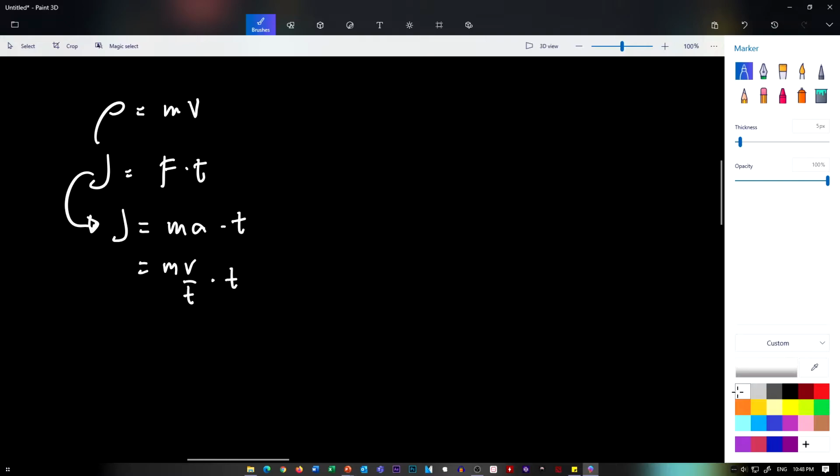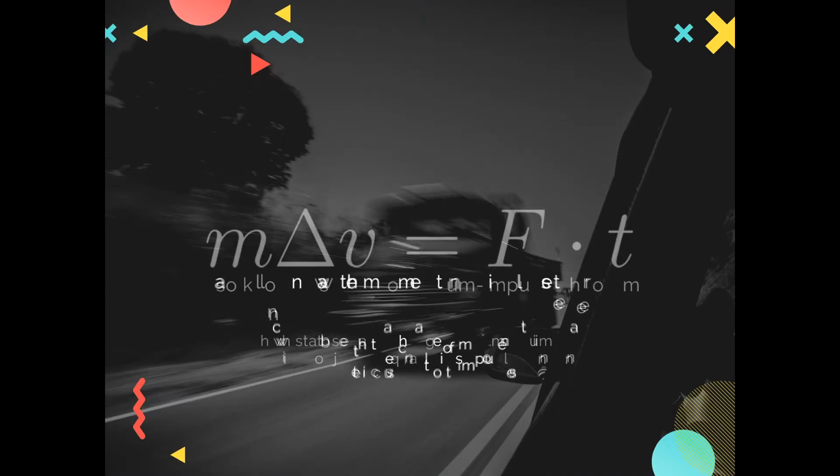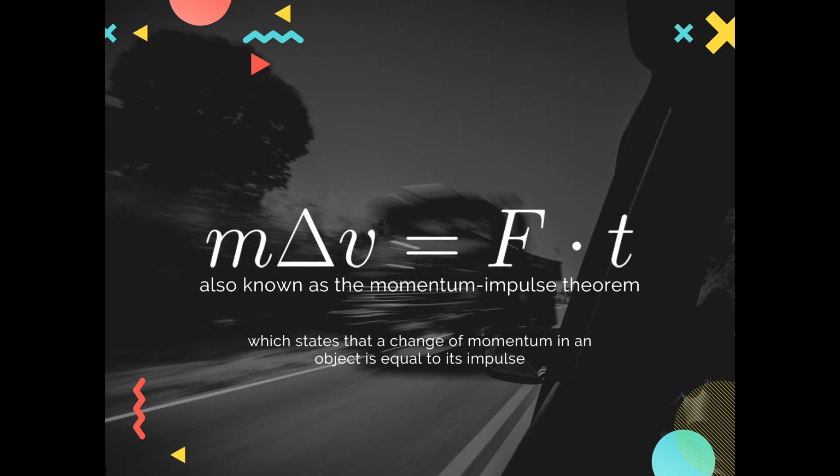As you can see, you can cancel out time because that's divide. So you'll end up with J equal to mass times velocity. Since this is momentum, you can now describe momentum as impulse. This is what we call the impulse momentum theorem, or momentum impulse theorem, however you want to call it.